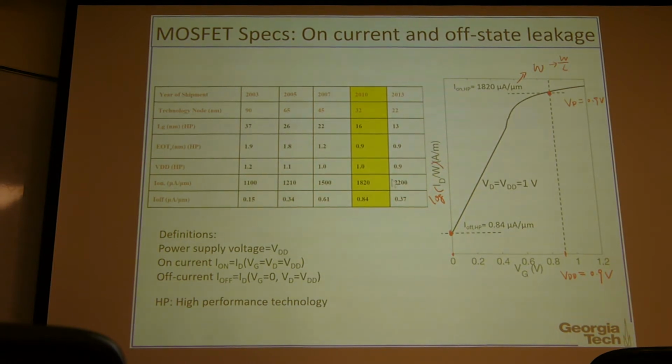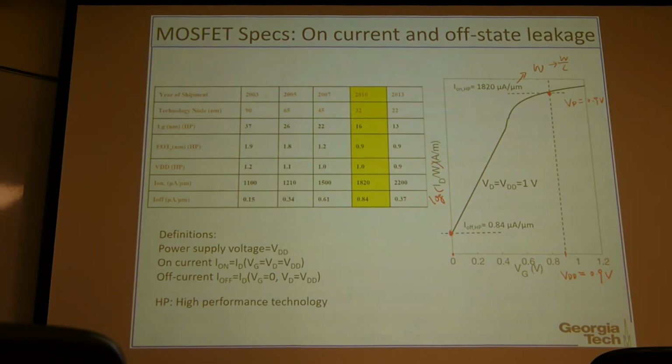This is the technology trend, and here we care about the on-state and off-state currents. Later when we talk about circuits, you will see that the on-state current will determine your circuit operation speed. The off-state current will determine your leakage power, standby power. So this off-state current, where we introduce this sub-threshold current, is very important.